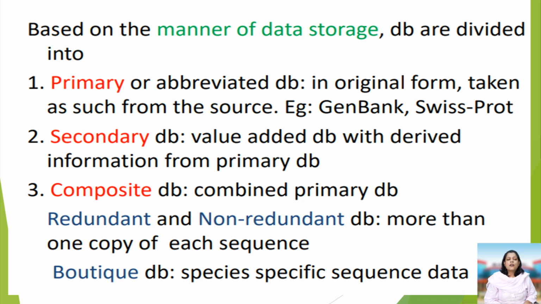Secondary databases are value-added databases with information derived from primary databases: we analyze the primary data and then submit the results to secondary databases. A composite database combines primary databases. There are also redundant and non-redundant databases, with more than one copy of each sequence, and specific sequence databases.